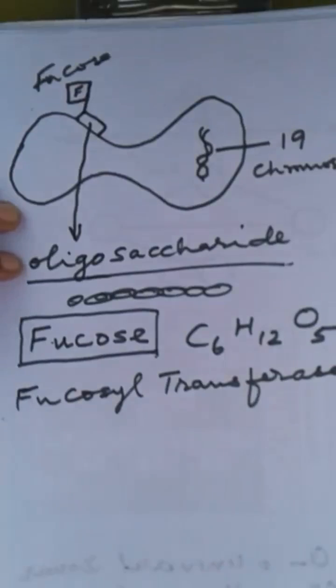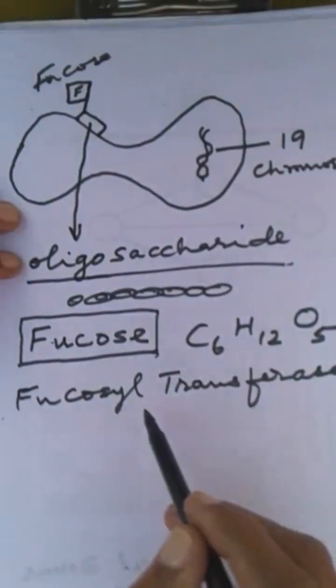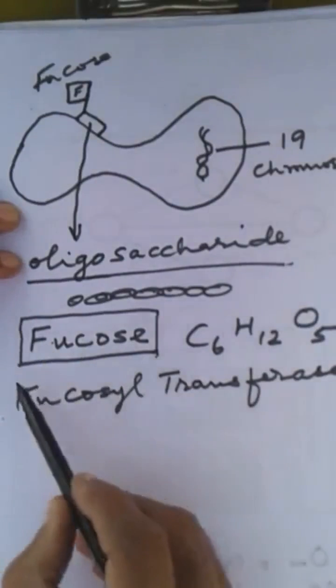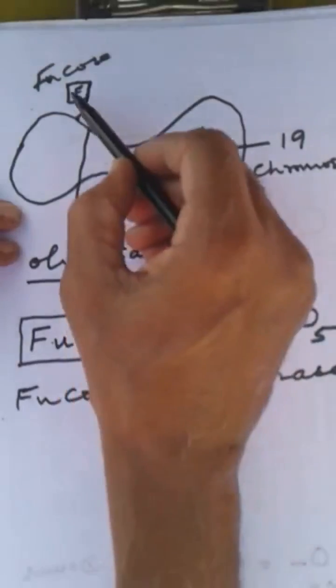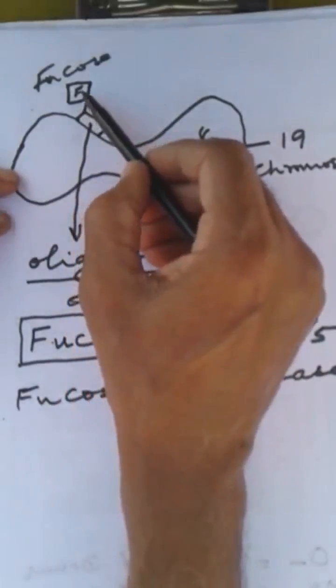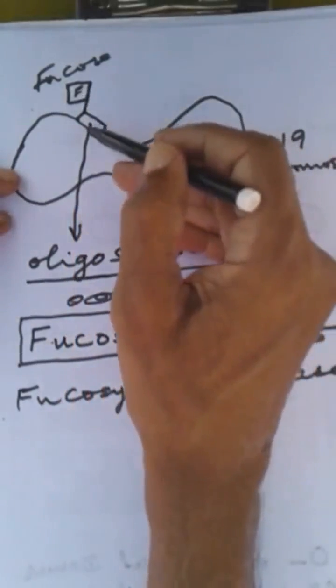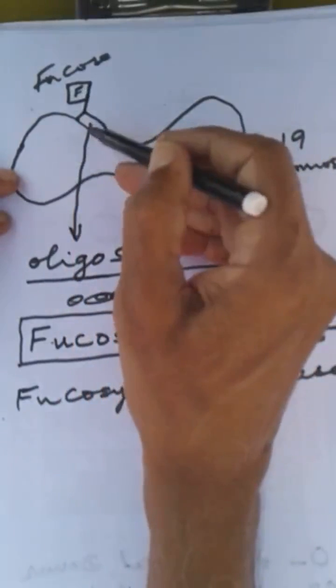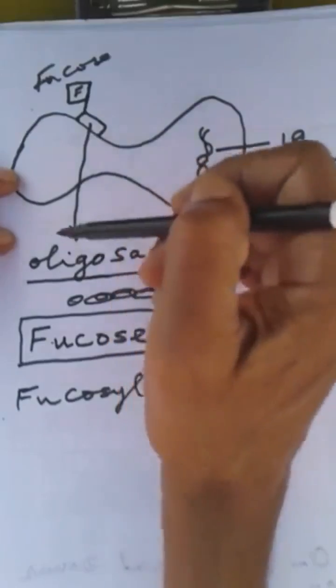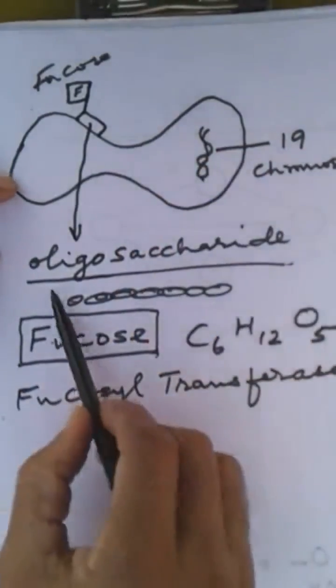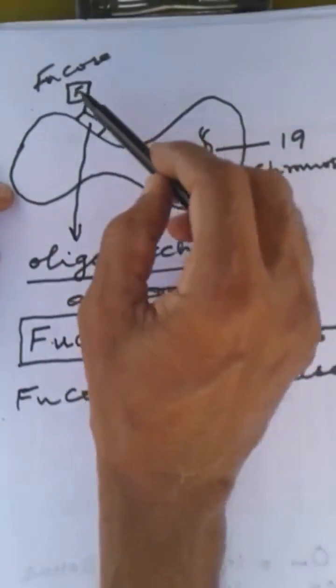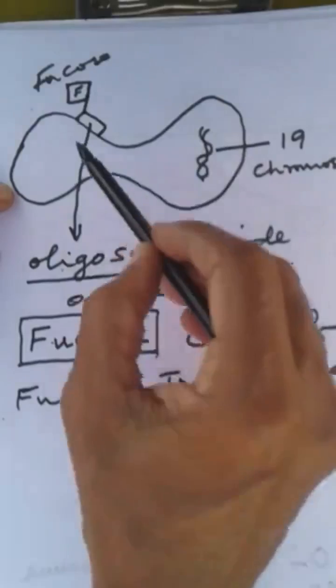It is this enzyme which helps this fucose go and attach to the oligosaccharide molecule. So, the first step is the oligosaccharide. The second is the addition of fucose to this oligosaccharide.